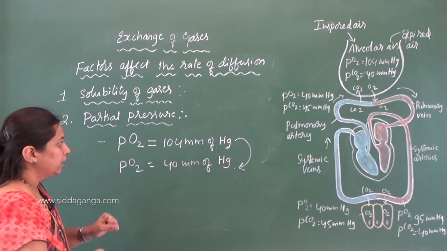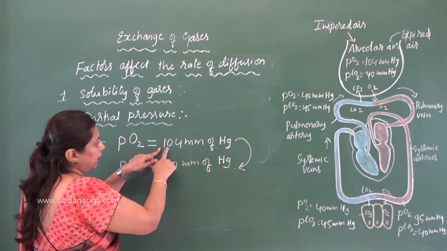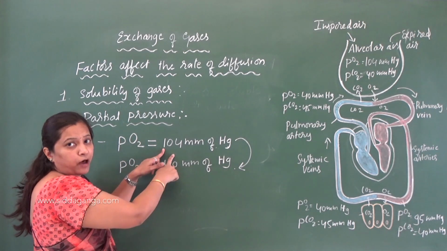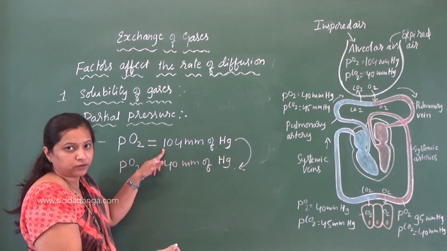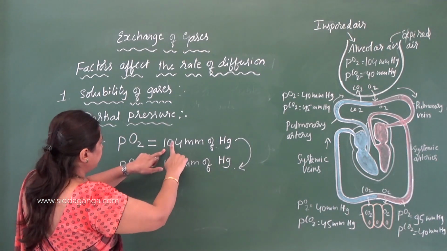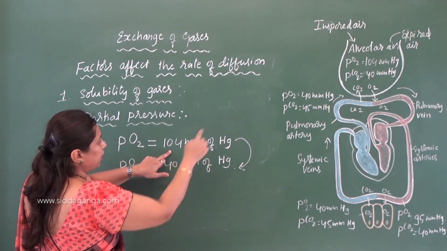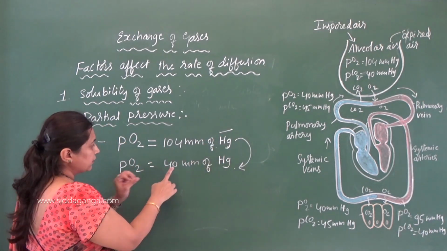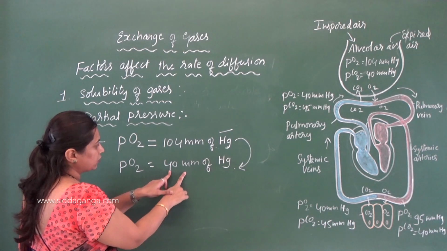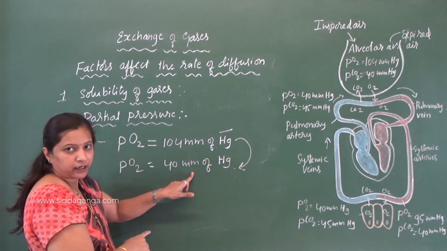Further, if there is a larger difference in the partial pressure between the two areas, the rate of diffusion will be faster. For example, the partial pressure of oxygen in the alveoli is 104 millimeters of mercury, whereas in the deoxygenated blood it is 40 millimeters of mercury.